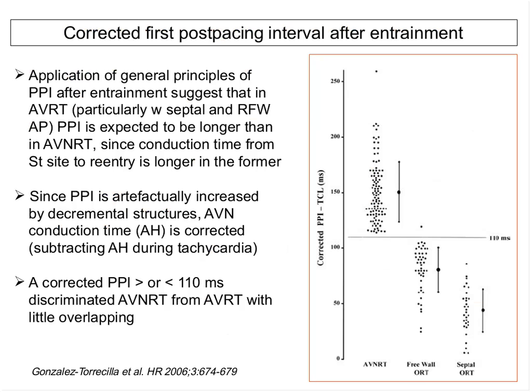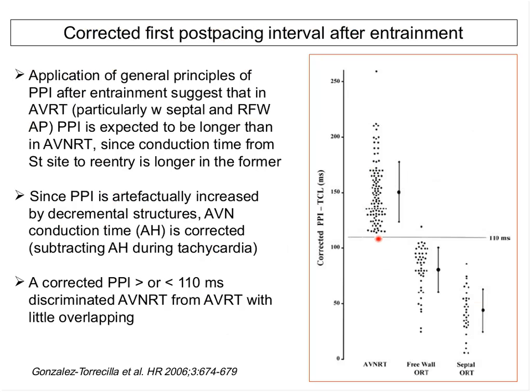The ventricular pacing site is closer to the circuit. So usually the post-pacing interval is expected to be shorter as compared to the situation in AV-NRT when the post-pacing interval is longer than 110 milliseconds in most of the cases.